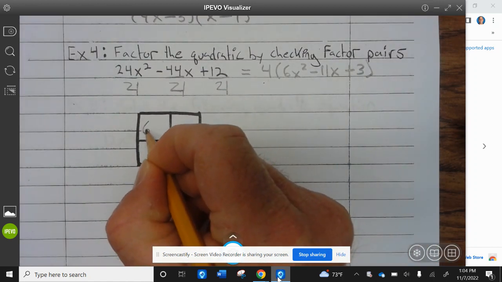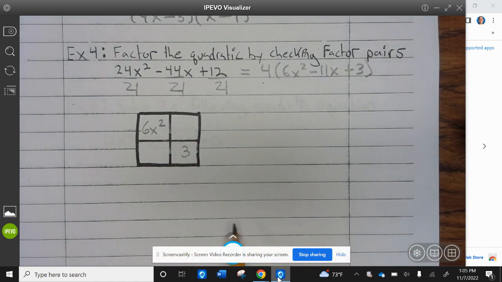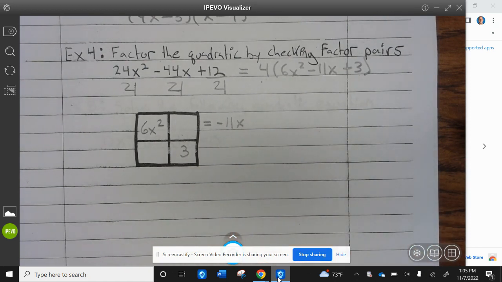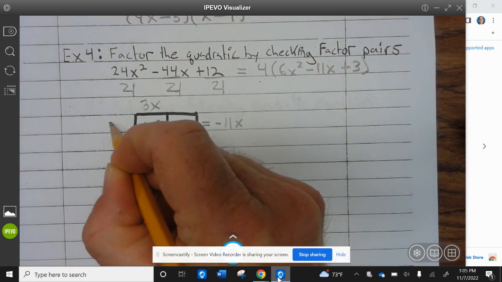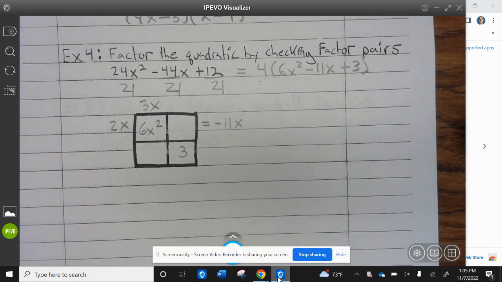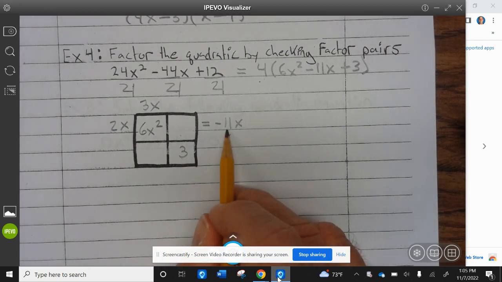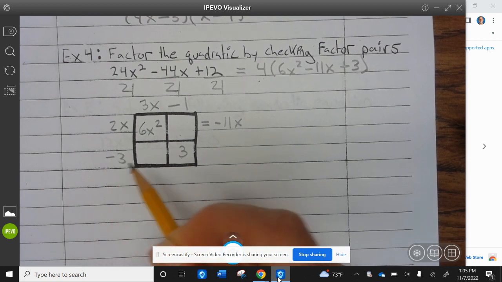So first term, 6x squared. Last term, positive 3. These combine to be negative 11x. Now, in order to get 6x squared, we can multiply by 3x and 2x. In order to get a positive 3 and the middle term be negative, we're going to multiply by negative 1 and a negative 3.